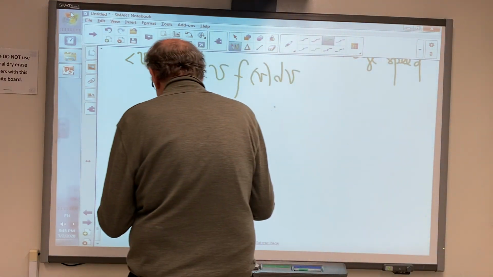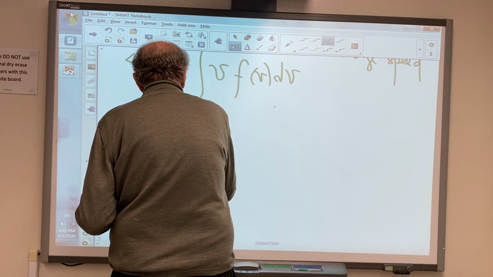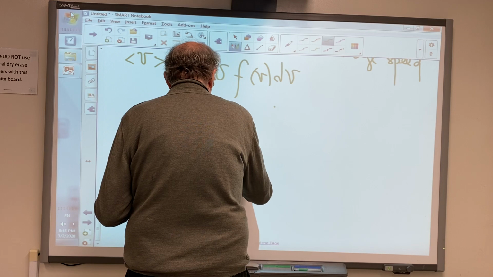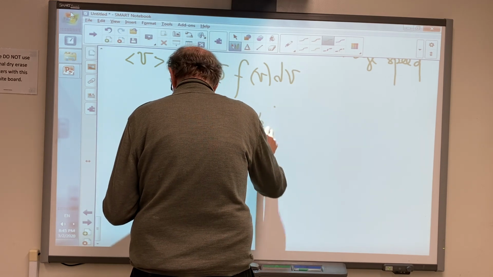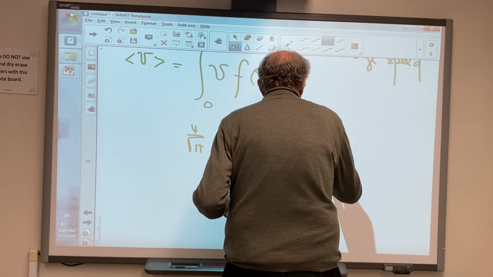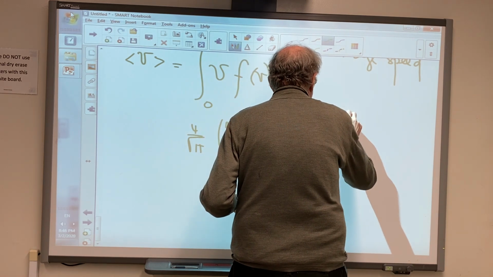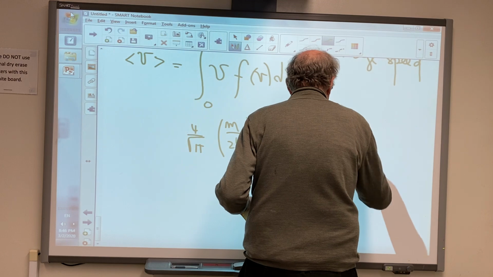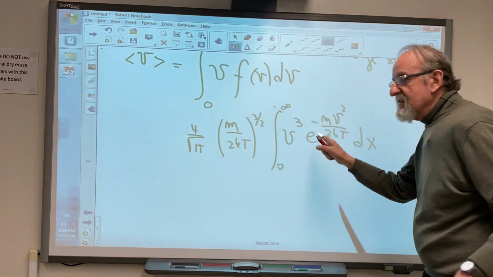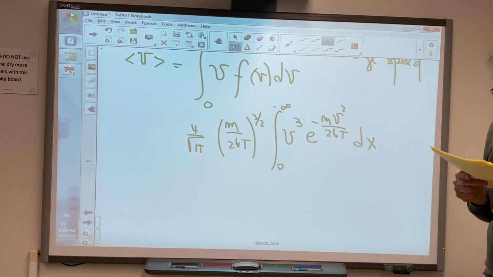So you see that this is 4 over square root of pi, m over 2kT to the 3/2. And I need the integral of v cubed e to the minus m v squared over 2kT dv, from 0 to infinity. As you see, this is the I3 that we are already using.